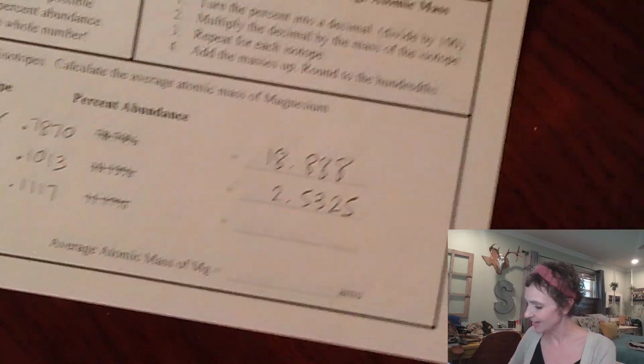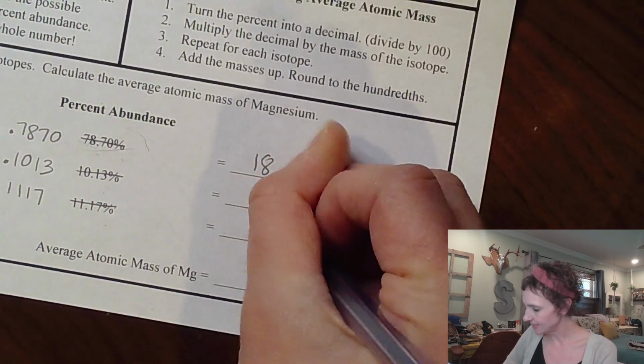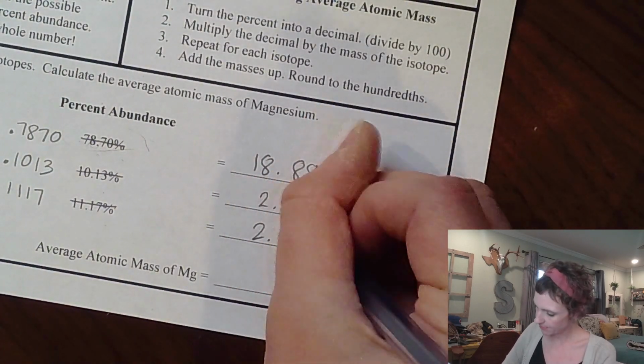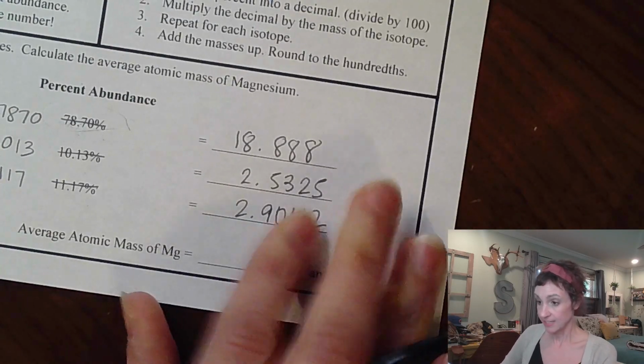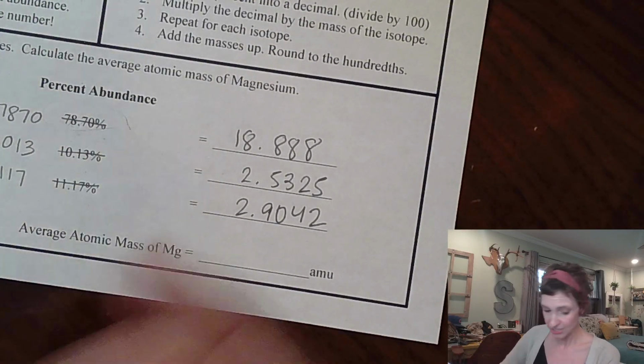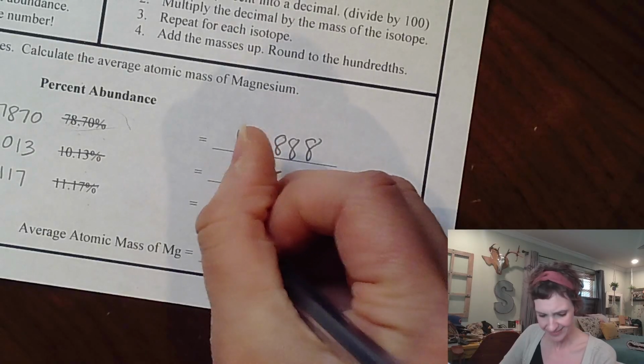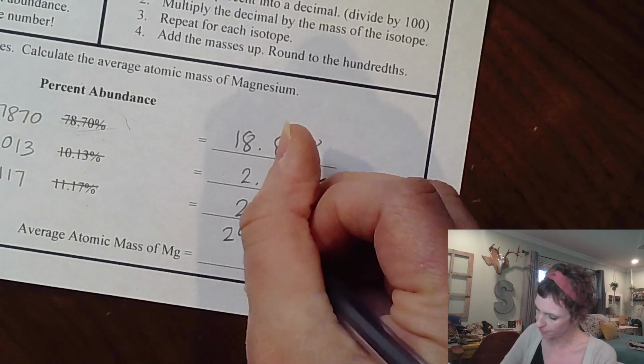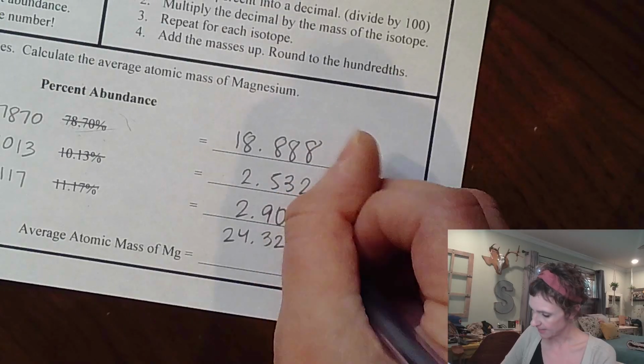Okay, so now I got 2.9042. Okay, so I've done that. So those I'm going to add all up, and they're going to give me that weighted average. So if I add all of that up, I get straight from that 24.3247.